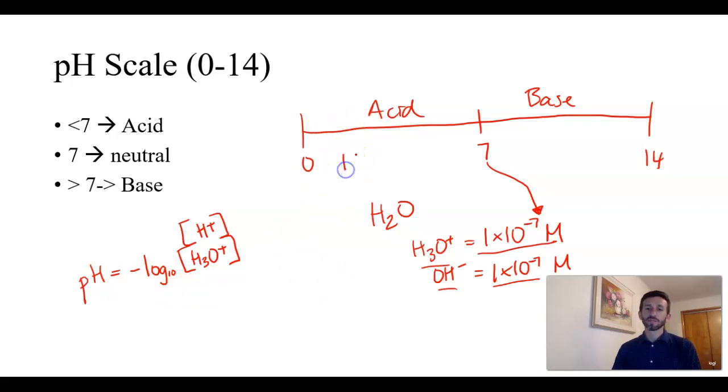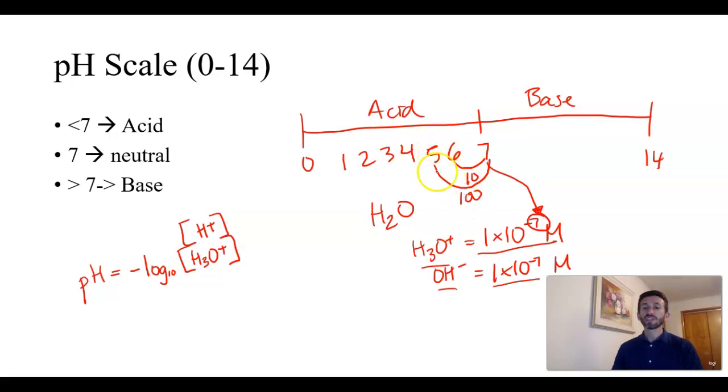So these numbers here, 1, 2, 3, 4, 5, 6, are based on the exponent of the scientific notation. So a difference between 6 and 7 is not a difference of 1, it's a difference of a power of 10. A difference between 5 and 7 is not a difference of 1. It's a difference of 10 times 10, so it's a difference of 100.